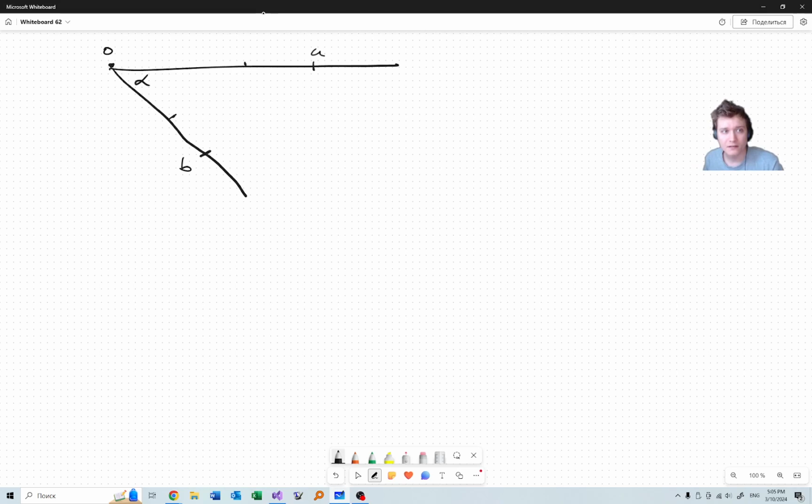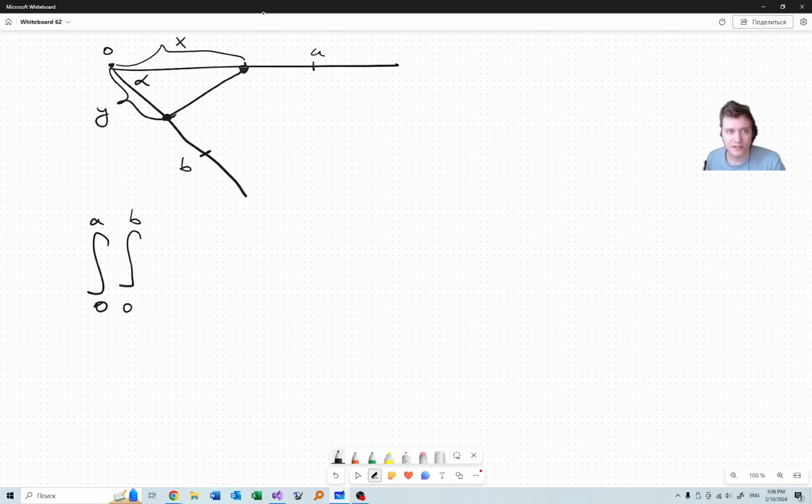Let's call this distance x and this distance y. I need to find the distance xy, and I want to find it for x from 0 to a on average and for y from 0 to b on average.